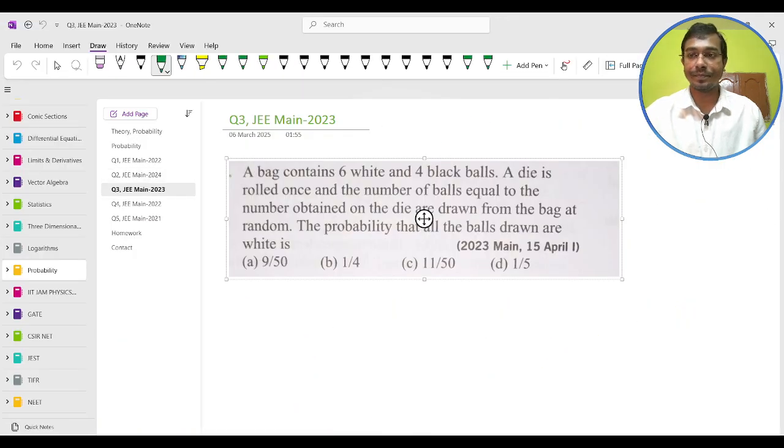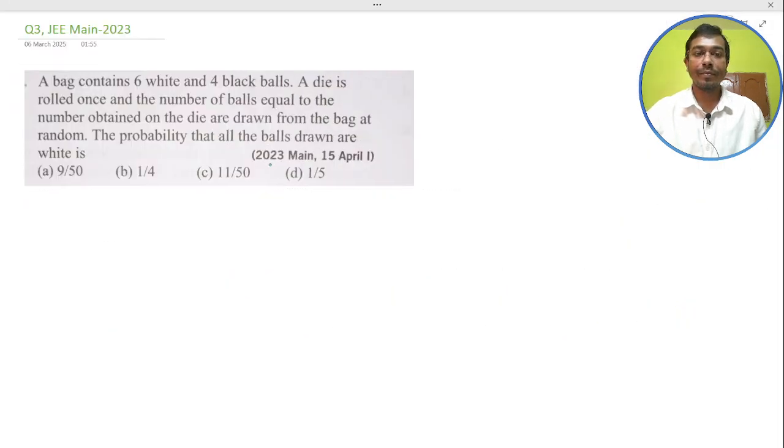Number 3. JEE Main 2023. A bag consists of 6 white and 4 black balls. A die is rolled once and the number of balls equal to the number obtained on the die are drawn from the bag at random.